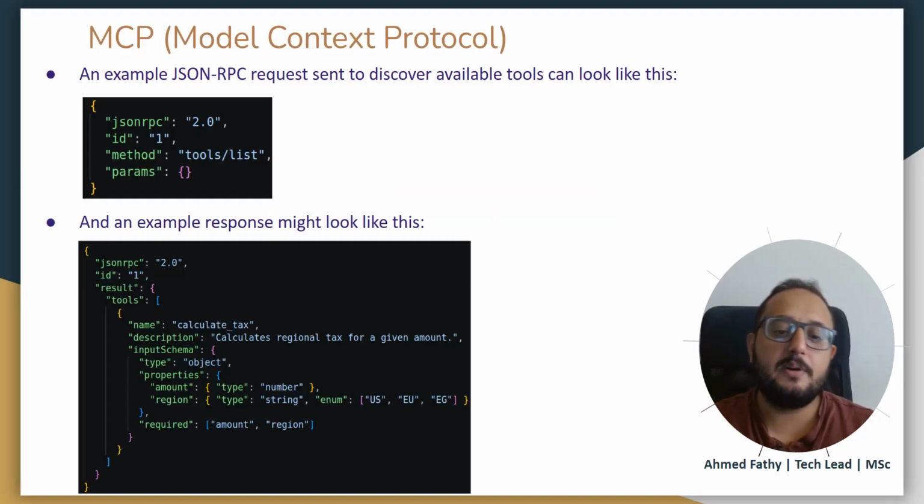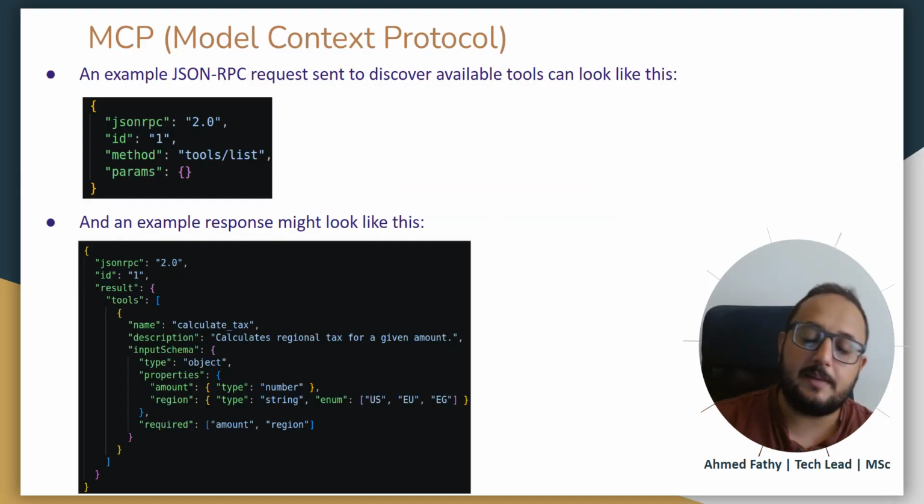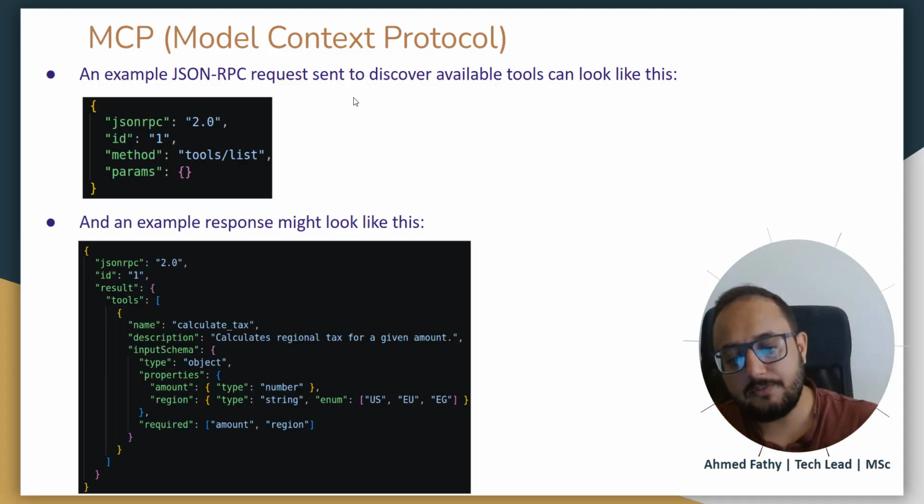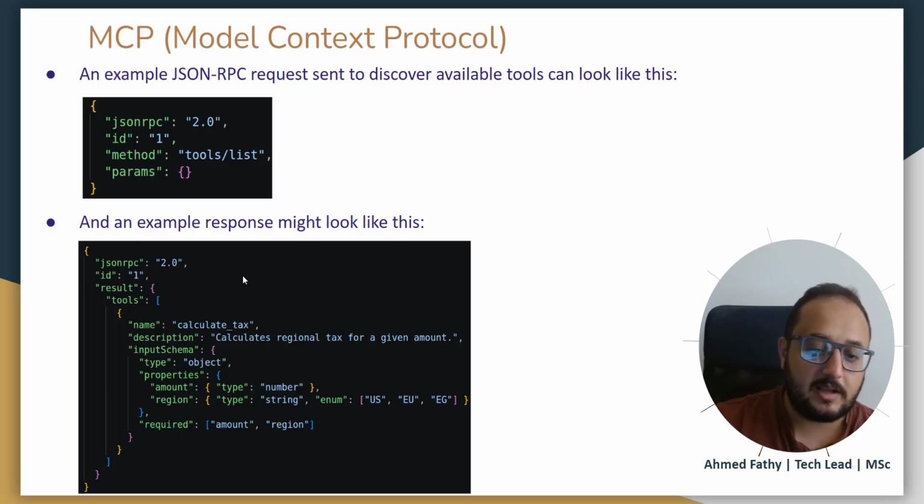Okay, so this is an example of a JSON RPC request sent to discover available tools. For example, the host or the client can send this one to the server. So JSON RPC 2.0 and then some ID, and then the method, this is really what you want: I would like to list the tools, and no parameters. And then the server can respond with something like this.